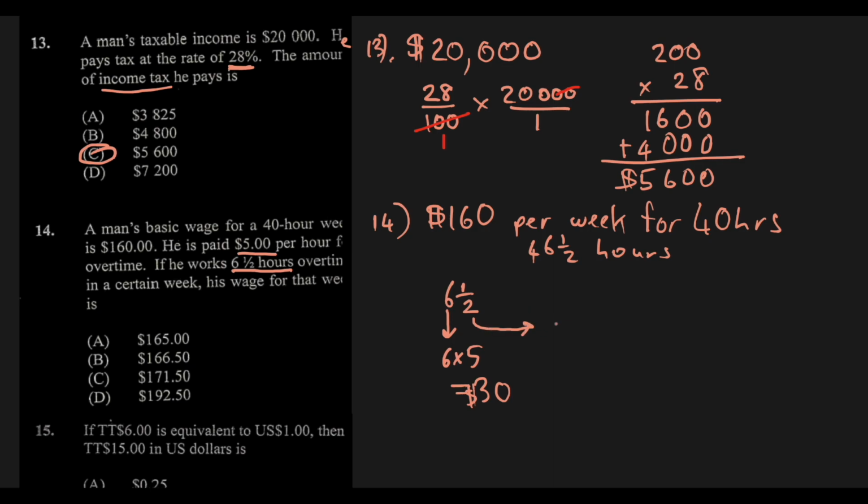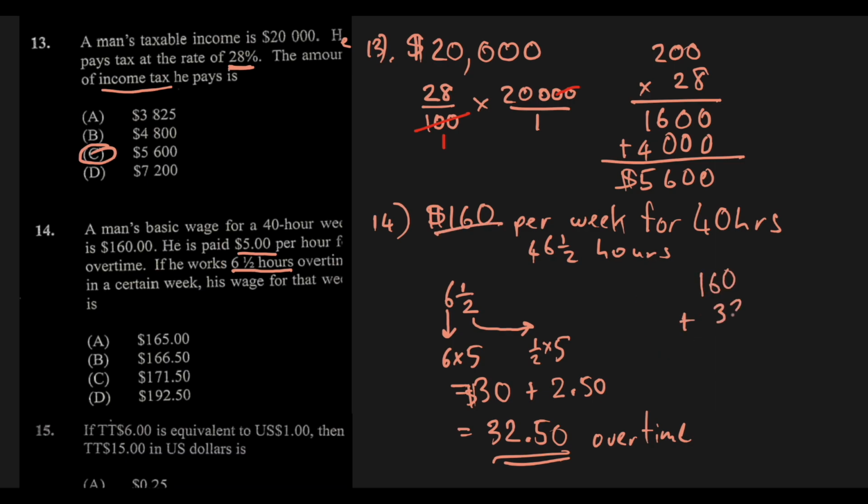So he did not work for a full hour. What is half of $5? Half of $5 would be $2.50. So he's going to make 30 plus $2.50 in overtime, which is 32.50. So if he made 32.50 in overtime and he made 160 per week, he's going to make in total 160 plus 32.50.